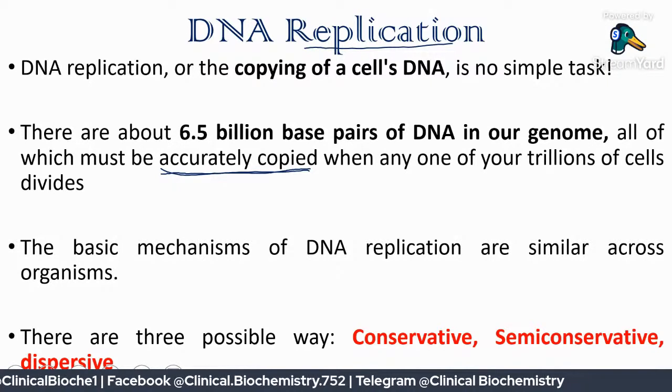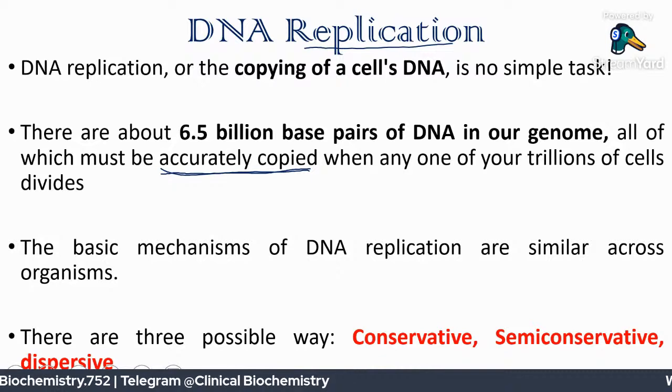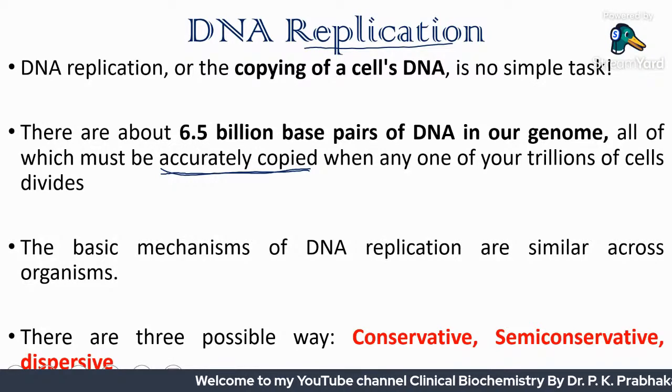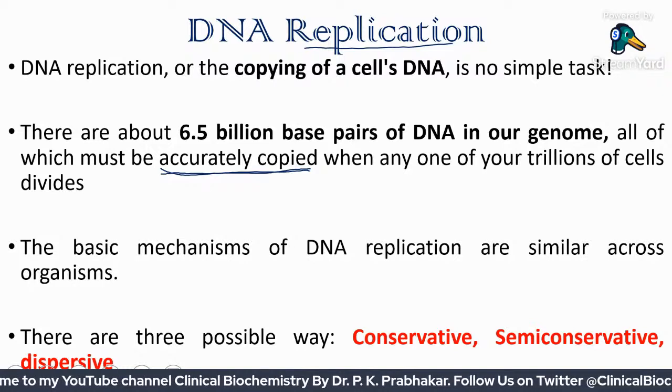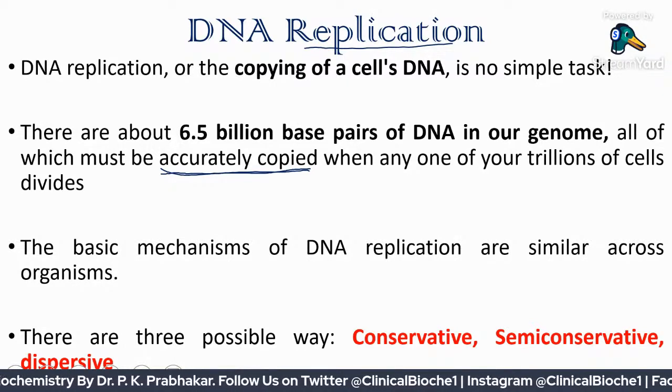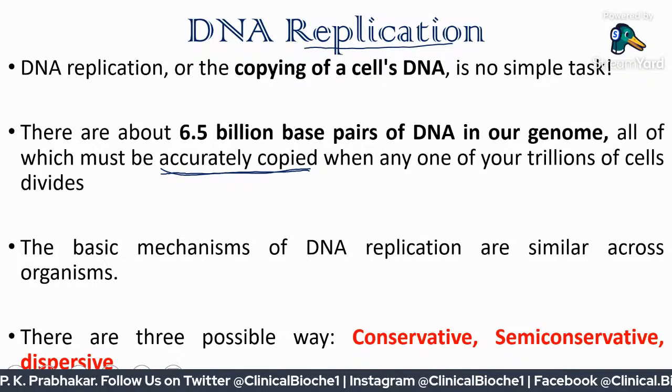Sickle cell anemia, how many of you know? How many mutations occur in sickle cell anemia? One single base pair. So a single base pair mutation can convert a normal RBC to a sickle cell RBC, and it will modify the RBC and its physiology also.